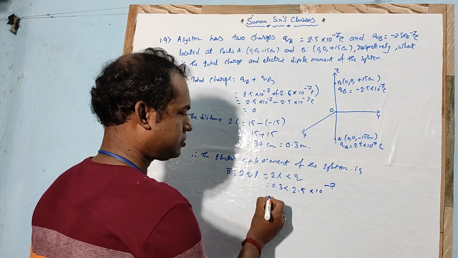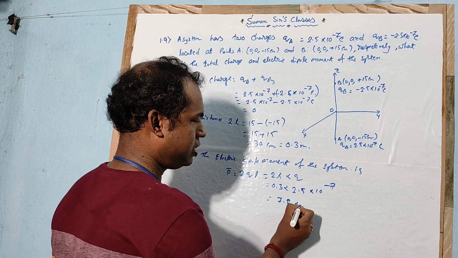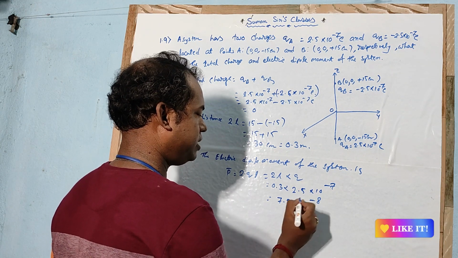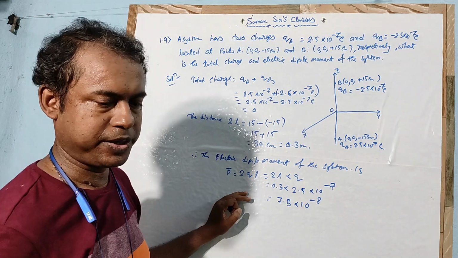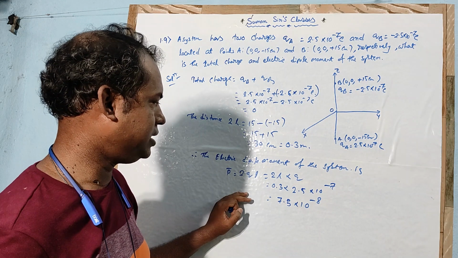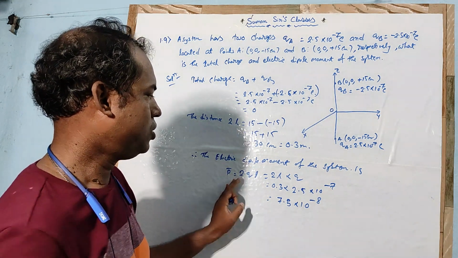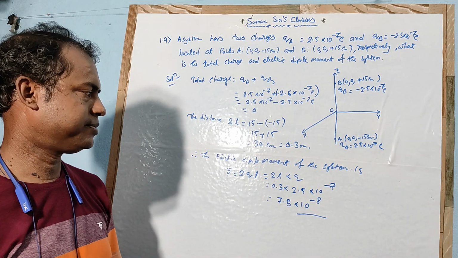So that gives 7.5 × 10 to the power minus 8. This is the value of the electric dipole moment. It is represented as 2QL, the total distance part. So 7.5 × 10 to the power minus 8 is the answer in this case.